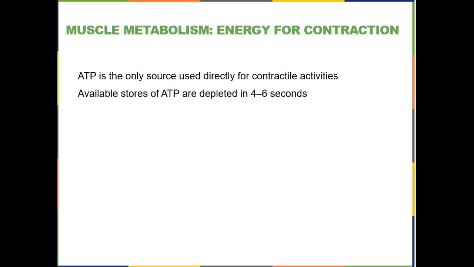Now we are on to muscle metabolism. This one is going to be relatively brief. I don't know if I have reinforced this enough this semester, but ATP, adenosine triphosphate, is the primary energy currency that your cells use.